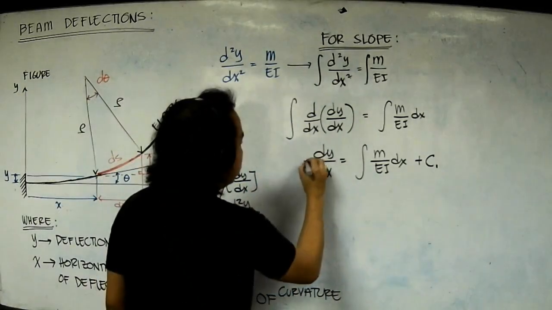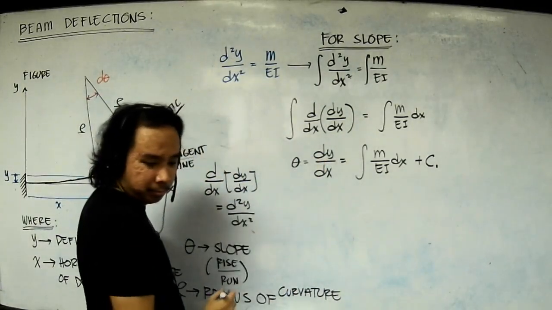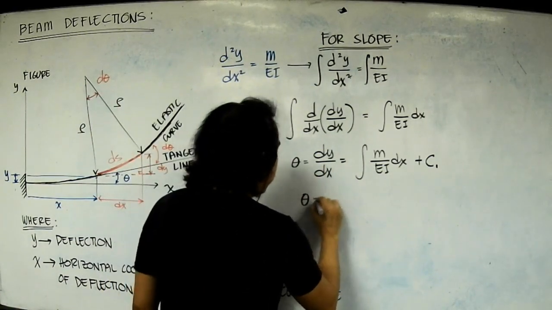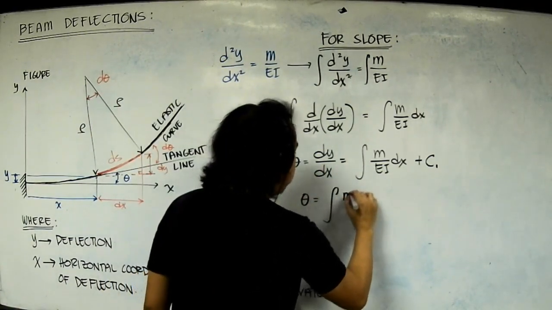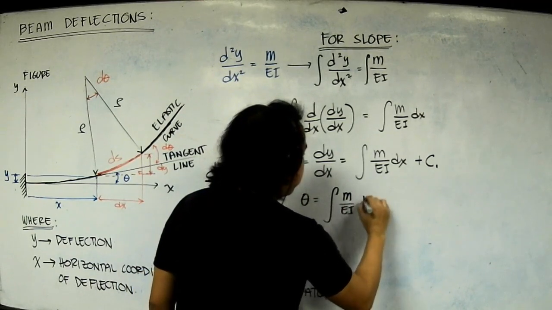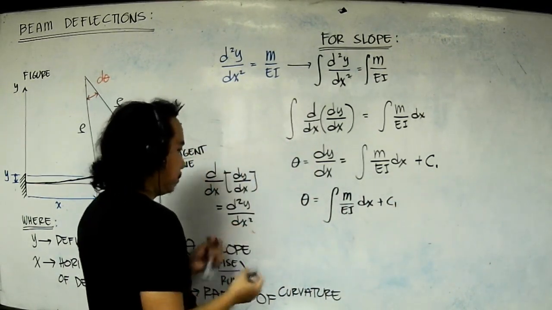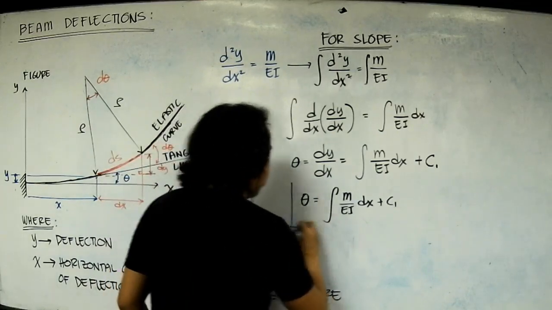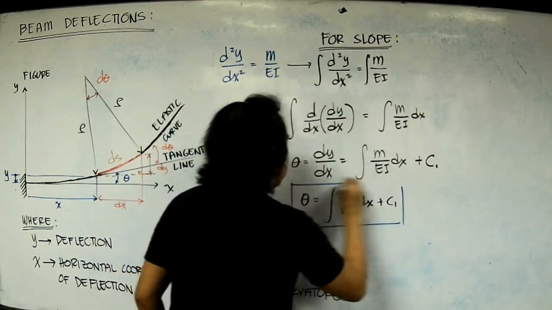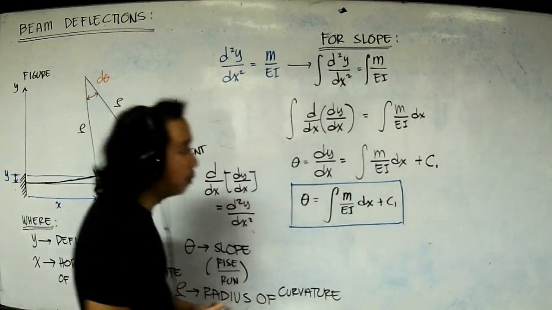This is equal to slope. So we have an expression for slope in terms of M.